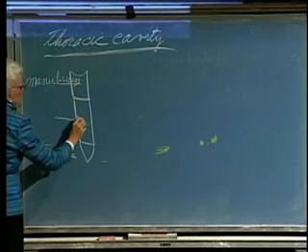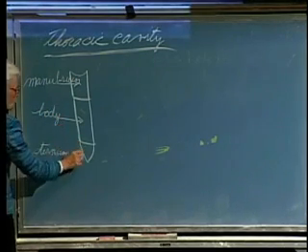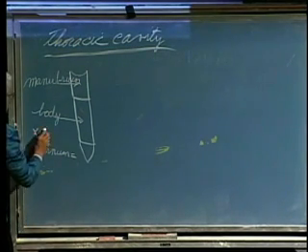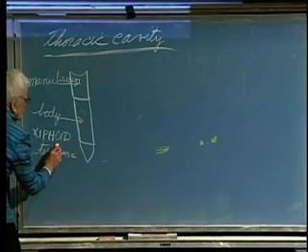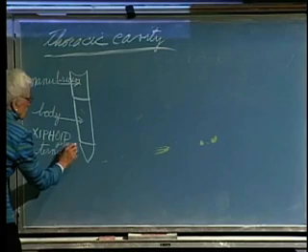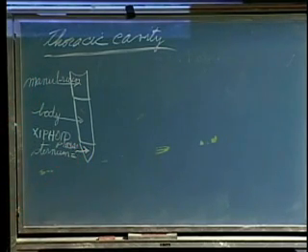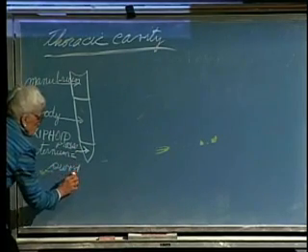We have the body. And what's this part called that looks like a sword? Xiphoid or xiphoid, whichever you like. Xiphoid process. It's sword-like, which is where xiphoid comes from.